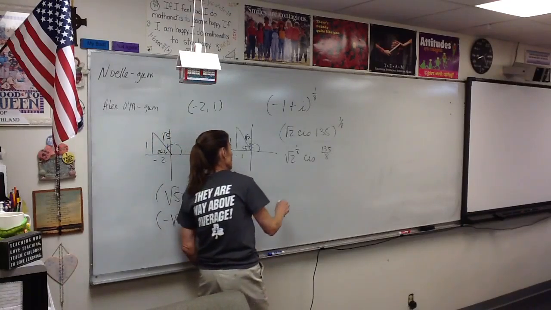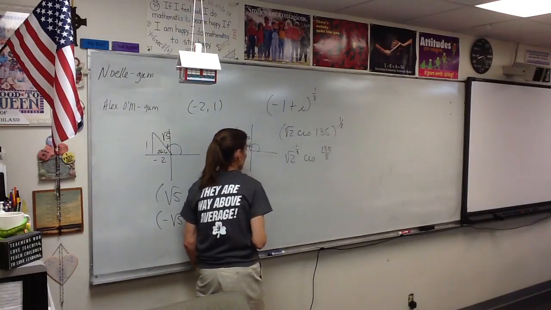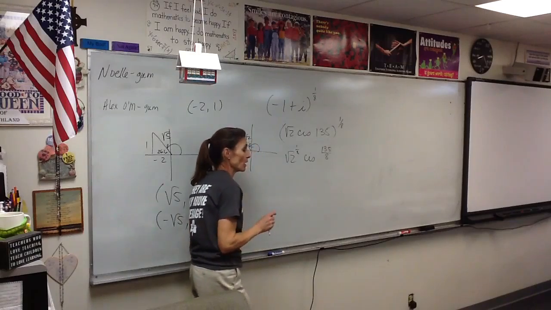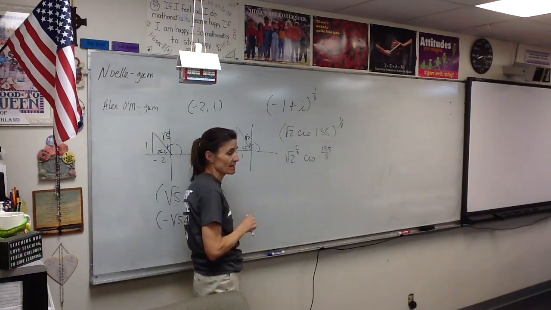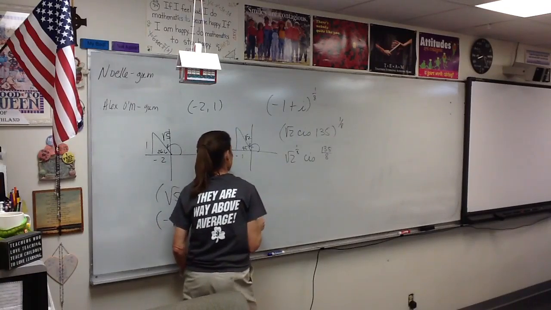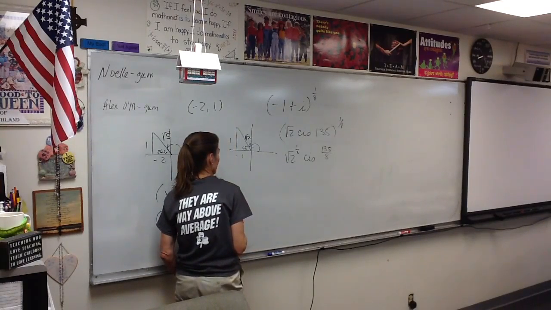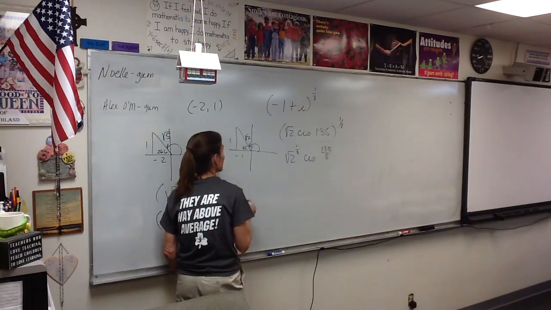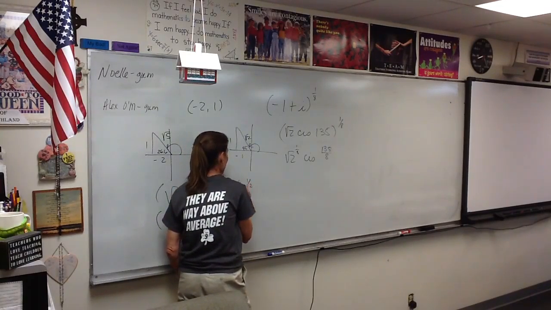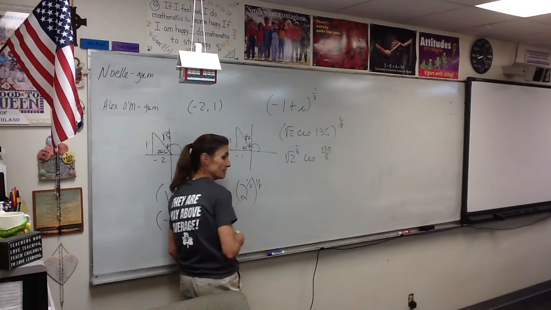Now, √2 to the 1/8, we either have to write it as one radical or as one exponent. We're not going to mix them like that. So what power is √2? No, √2 is a square root, it's 1/2. So we have 2 to the 1/2 to the 1/8.